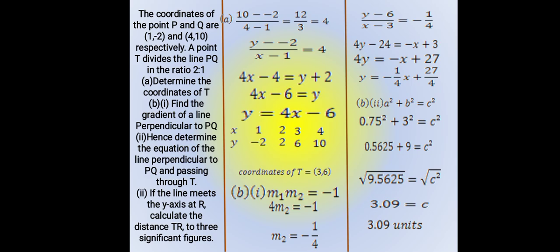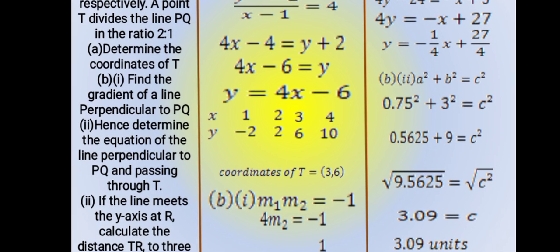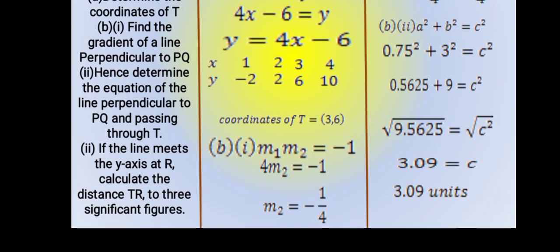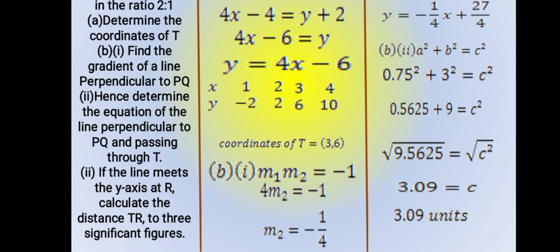Now, a line perpendicular to our line, its gradient should be negative a quarter, because if we multiply the gradient of our line, 4, by it we should get negative 1. Having found the gradient, we can find the equation of that line, because we know it must pass through 3, 6.